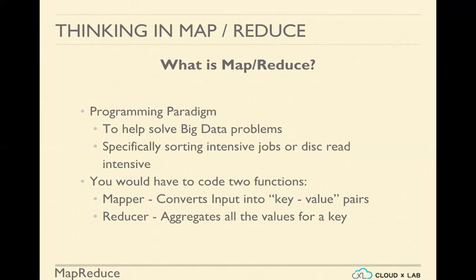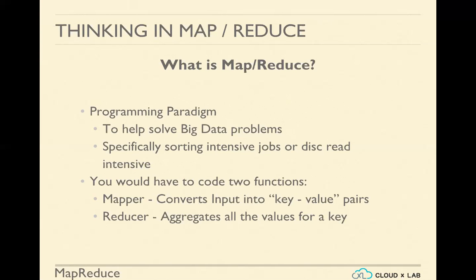Generally, you will have to write two functions. One, the mapper. The mapper prepares data for sorting, and Hadoop sorts the data. Once sorting is done, your reduce method is called on the groups of values.